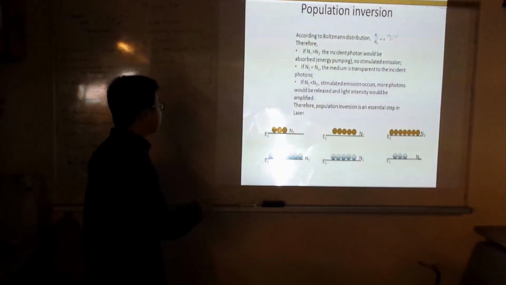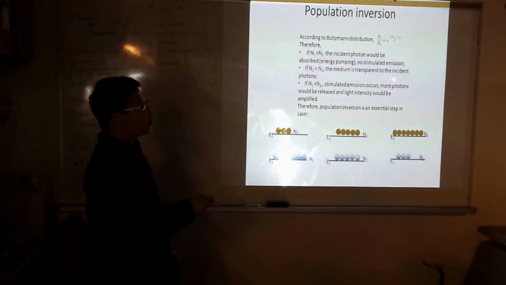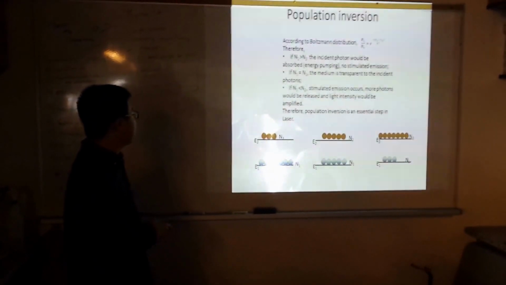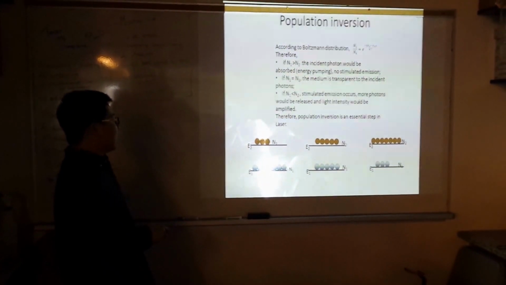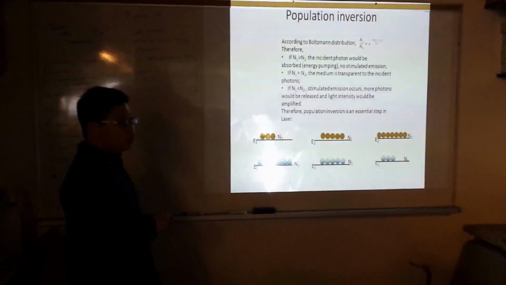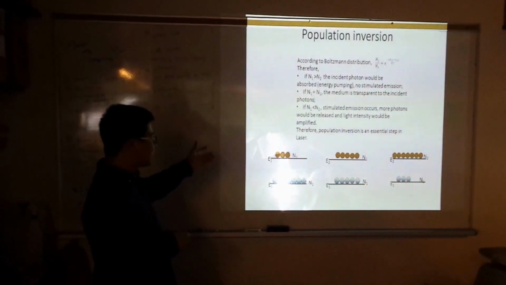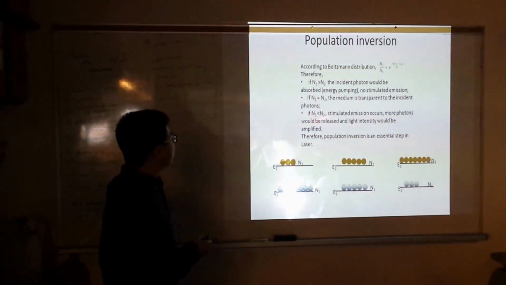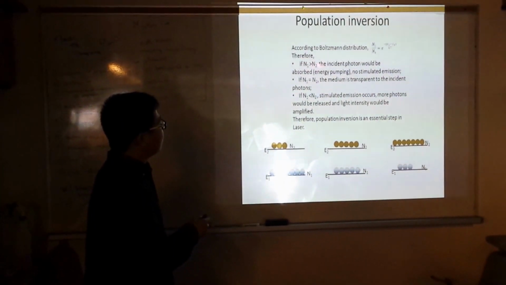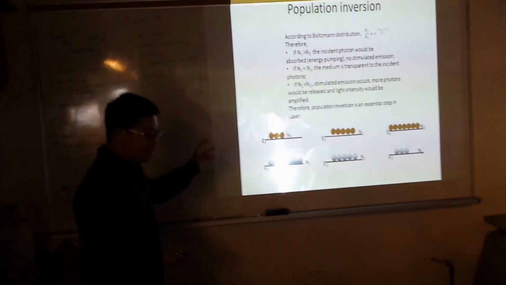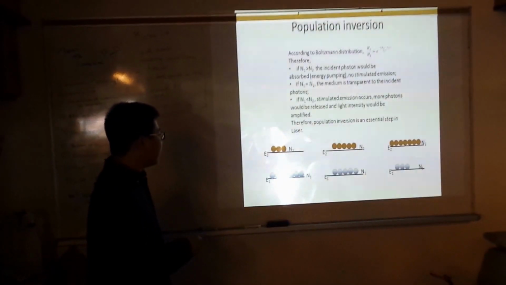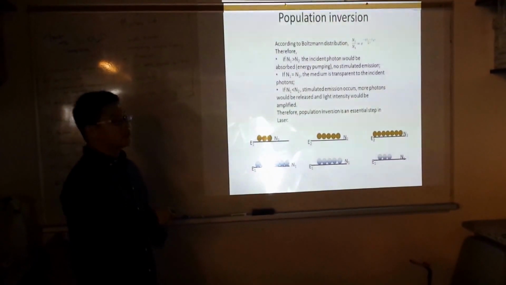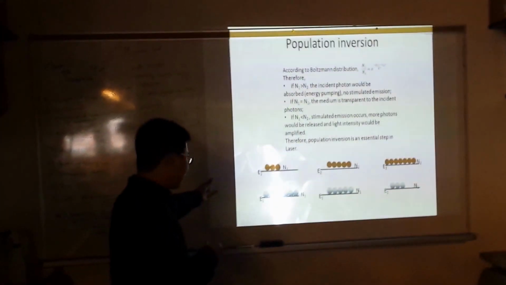Naturally, at thermal equilibrium or a constant temperature, according to the Boltzmann distribution, N2 is always less than N1 in order to have a stable condition. So if N1 is bigger than N2, and you shine a light or emit a photon on this system, it doesn't go stimulated emission.